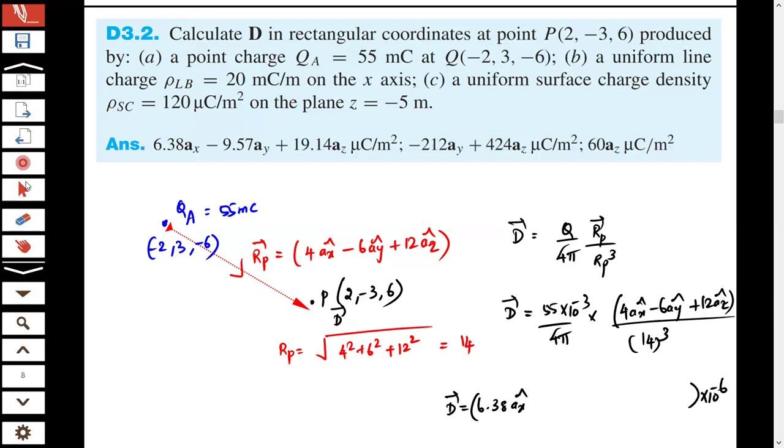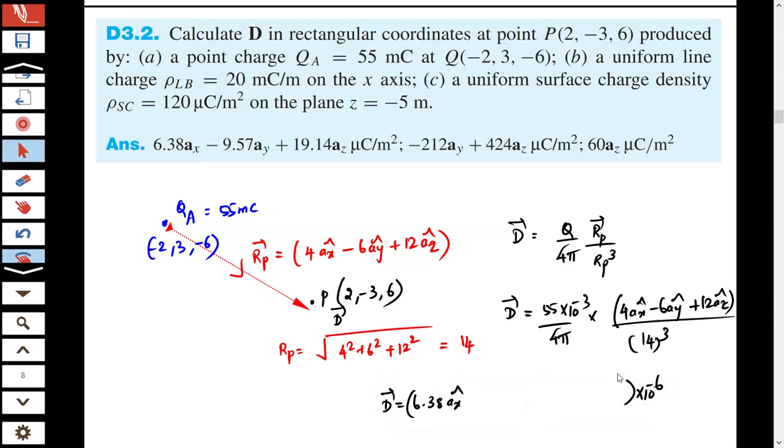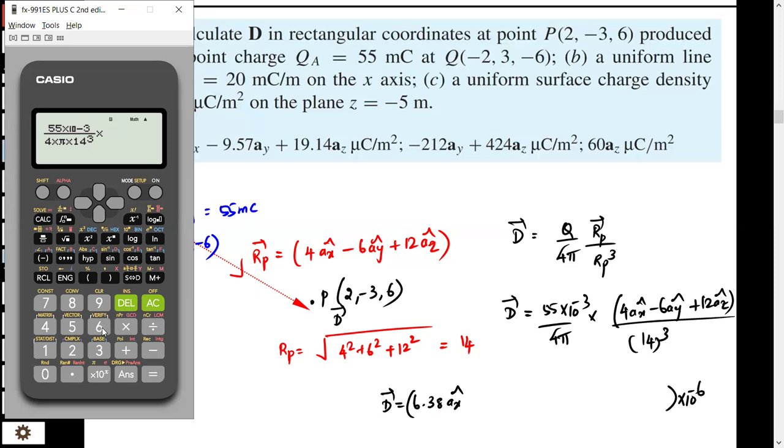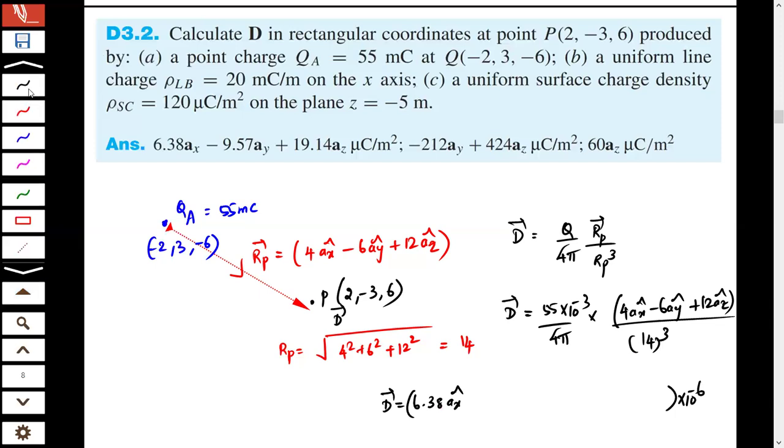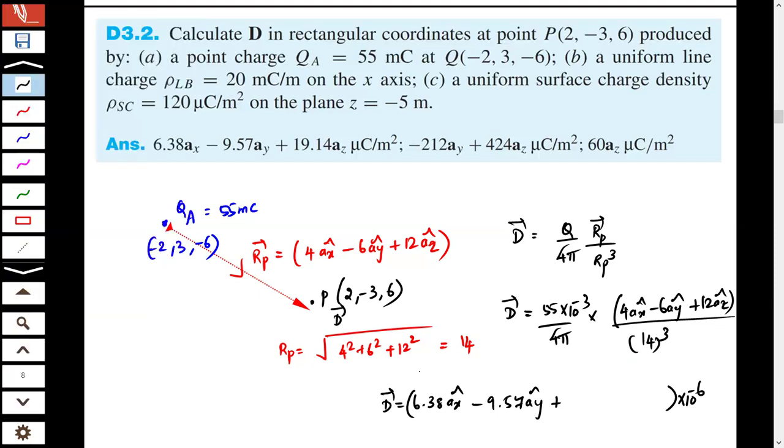The x component is 6.38 ax cap and the y component should be multiplied with minus 6, which gives minus 9.57 ay cap. And for the z component, this should be multiplied with 12, so it will give plus 19.14 az cap, in micro.